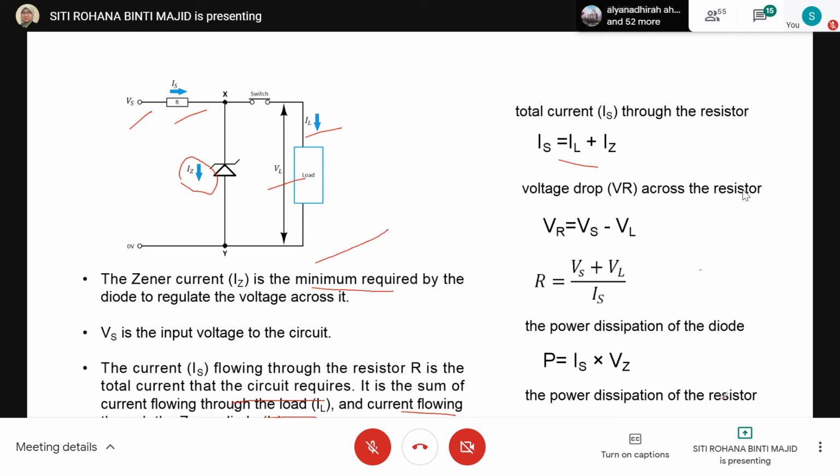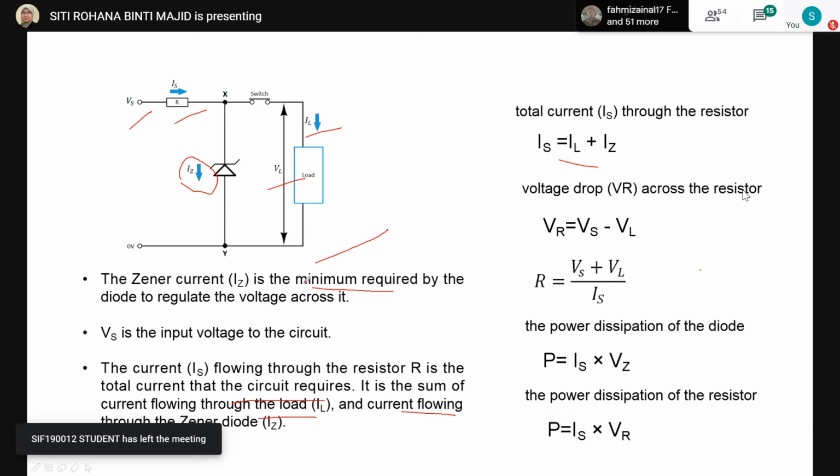And for the power dissipation of the diode, P equals IS times VZ. Lastly, we can calculate the power dissipation of the resistor, which is IS times VR, and VR is VS minus VL.